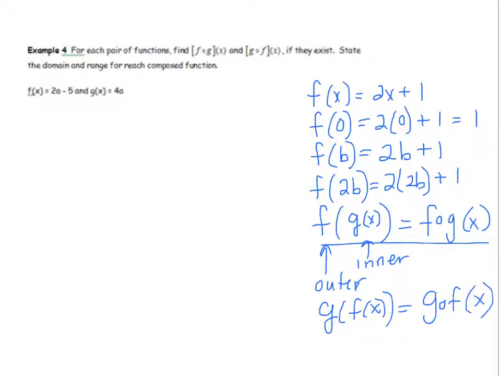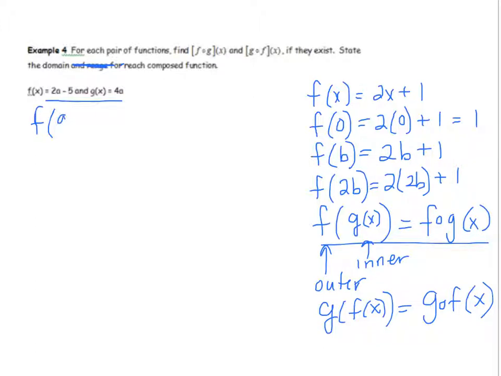Okay, so what that means over here, example 4: for each pair of functions, find f of g of x and g of f of x if they exist. State the domain. I'm not going to state the range, but I'm going to state the domain for each composed function. Okay. All right, so f of g of x looks like this.